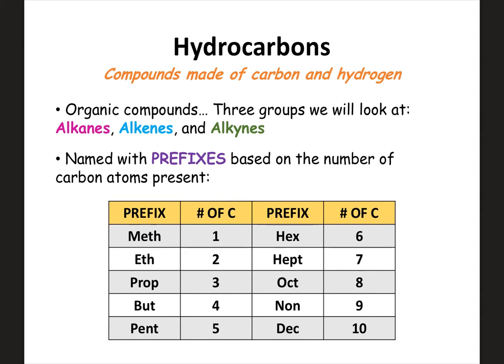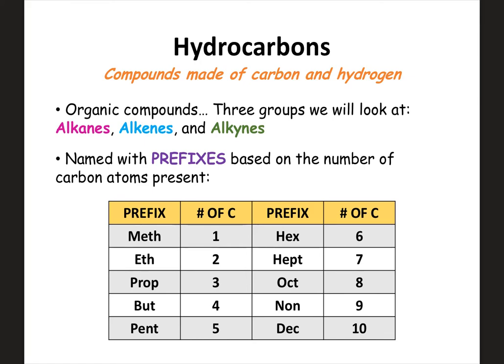These also use prefixes, and you have to be careful because some of these prefixes are different from covalent prefixes, and some of them are the same. Make sure you're paying attention that this is organic naming and I have to use specific prefixes, which might be different from covalent. The first four are the different ones. It's all based on the number of carbons.